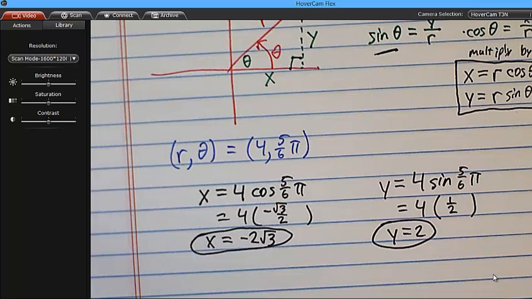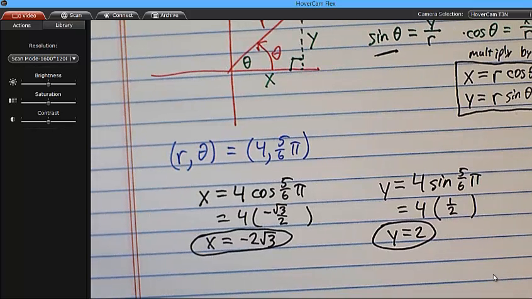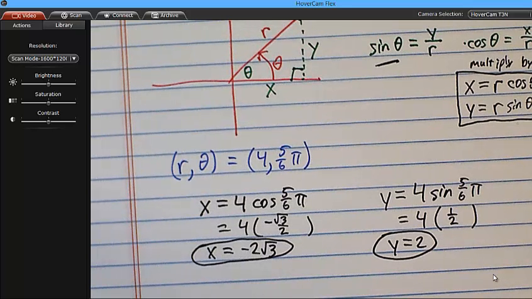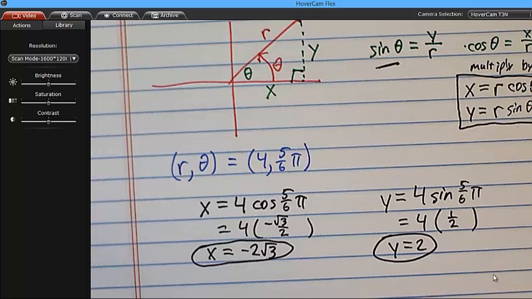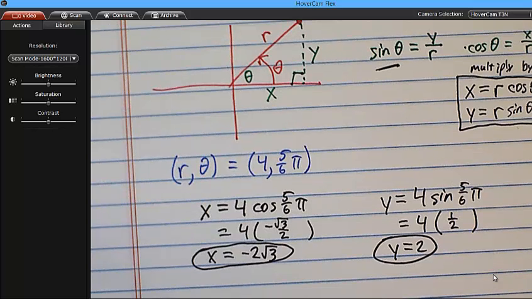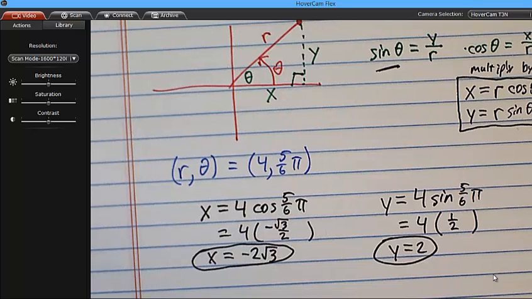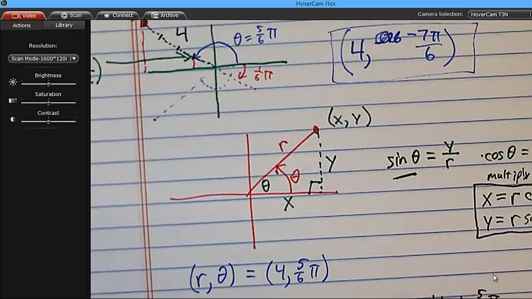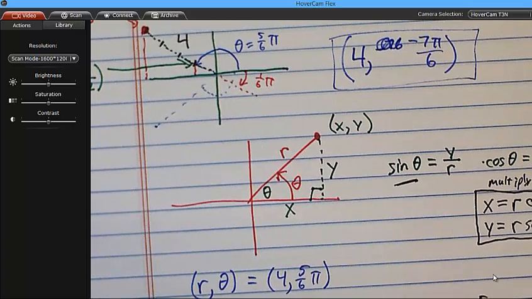So this shows me how to go back and forth in a way. Well, no. It shows me how to go forth. It shows me how if I give you polar coordinates, you can use some formulas here with the trigonometry to come up with rectangular coordinates. But I guess the next step is going to be to go backwards. Okay.